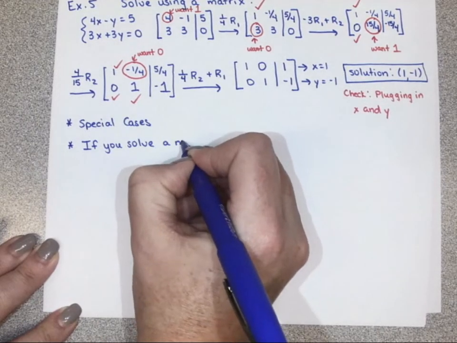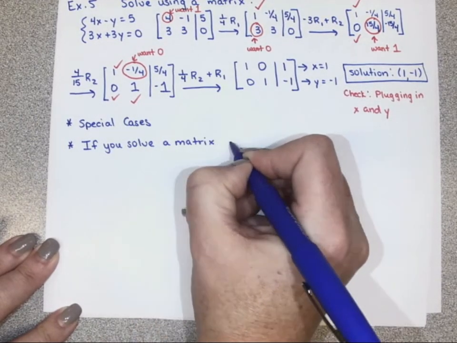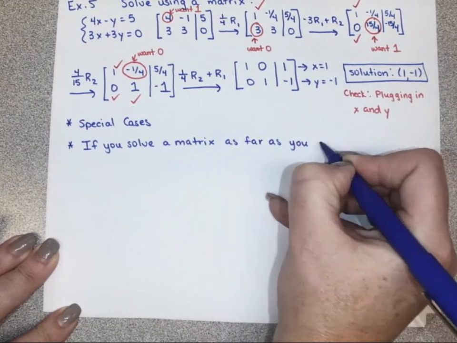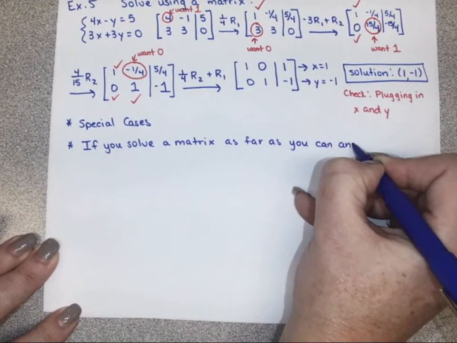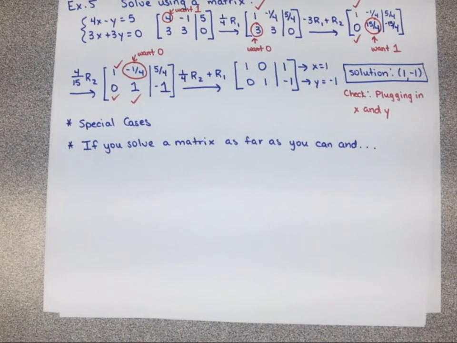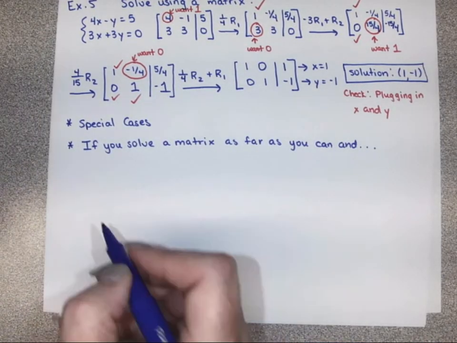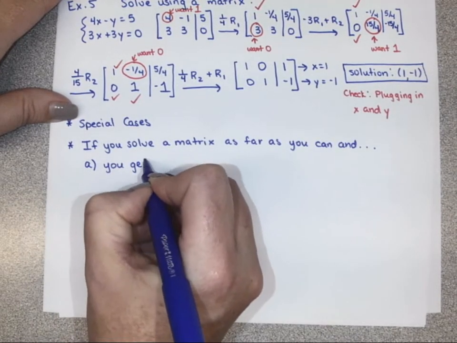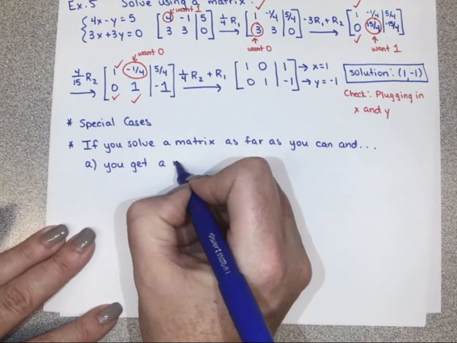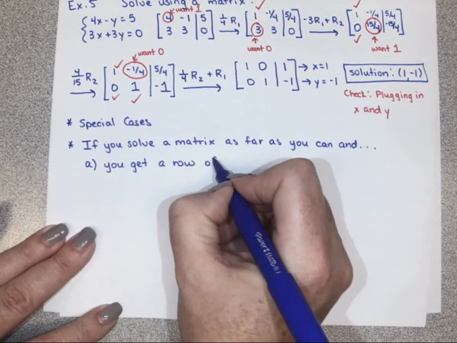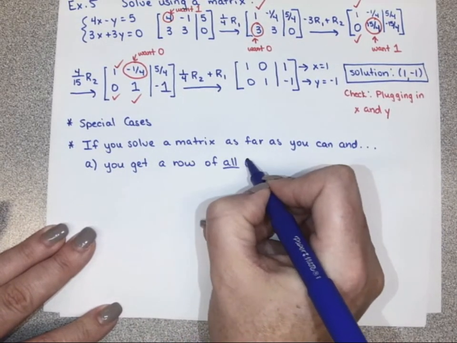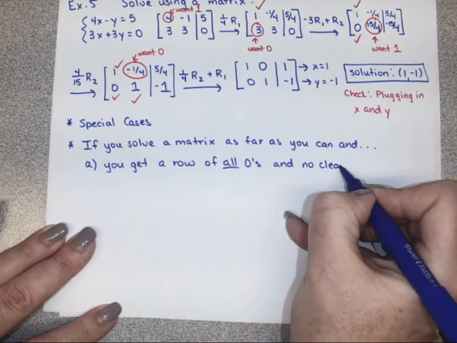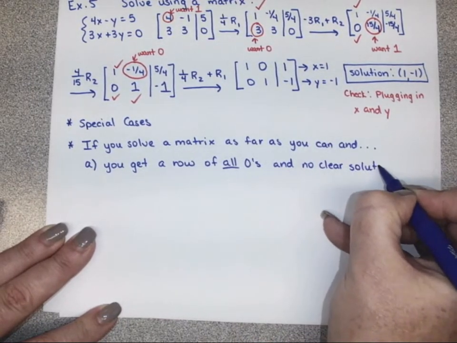So if you solve a matrix as far as you can, like you're going along and doing the process and you're pretty sure you did it right, but you get a row of all zeros and no clear solution, which does happen sometimes.